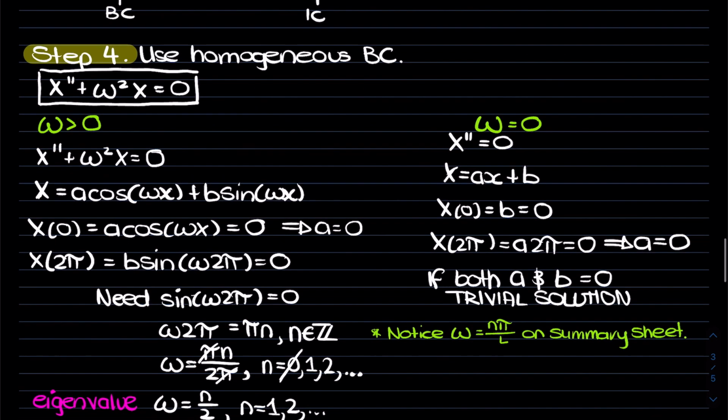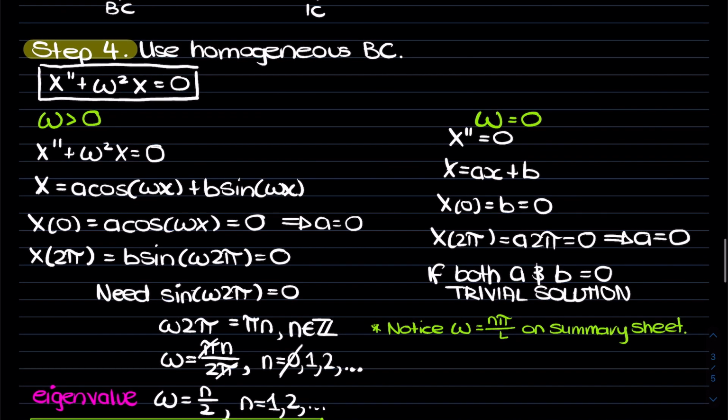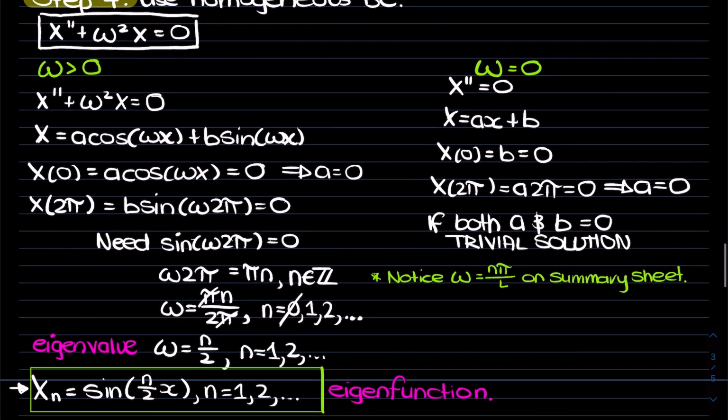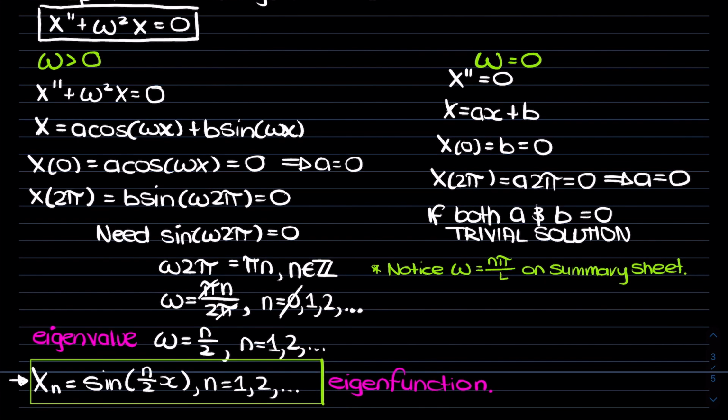So step 4 was to concentrate on the boundary conditions. We had 2 cases, one where lambda was greater than 0, one where lambda equals 0. We saw that the lambda equals 0 case only had the trivial solution, and this will always be the case for Dirichlet boundary conditions, but we worked through that anyway.